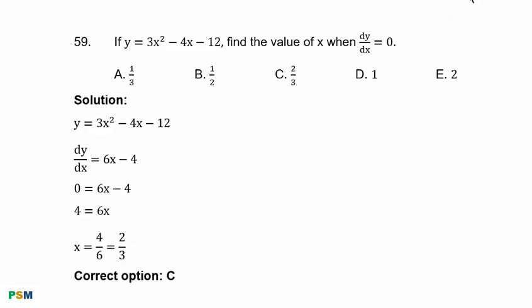Question 59. If y is equal to 3S squared minus 4S minus 12, find the value of S when dy/dS is equal to 0.